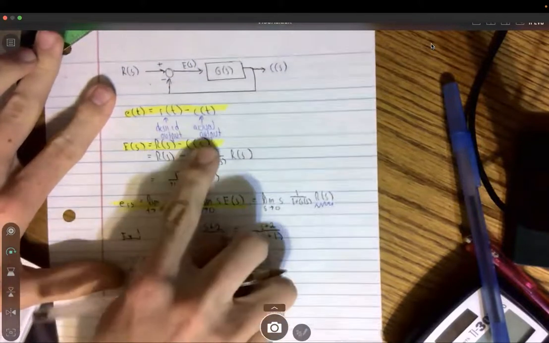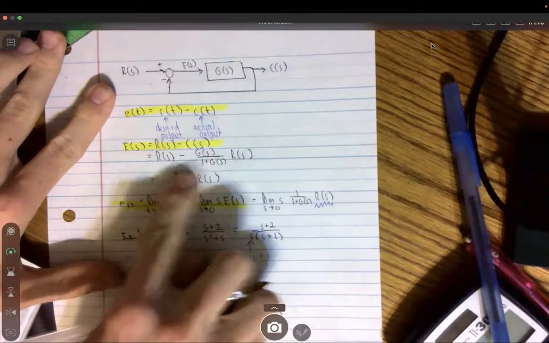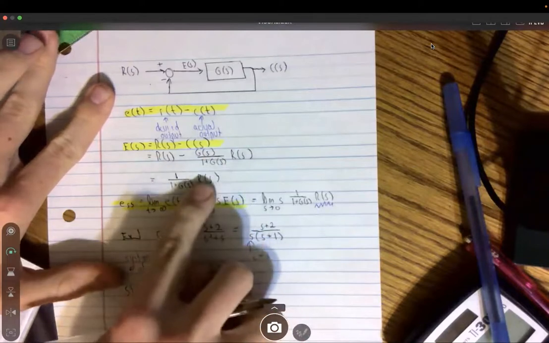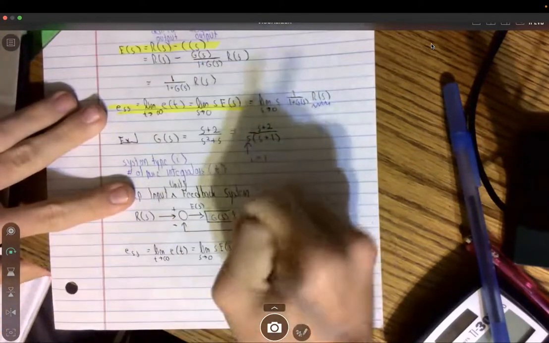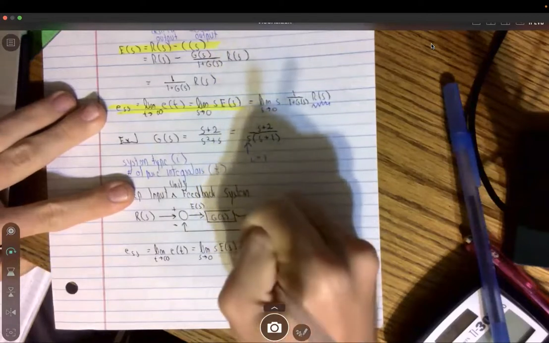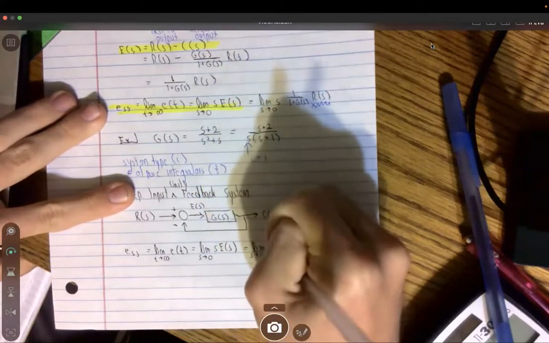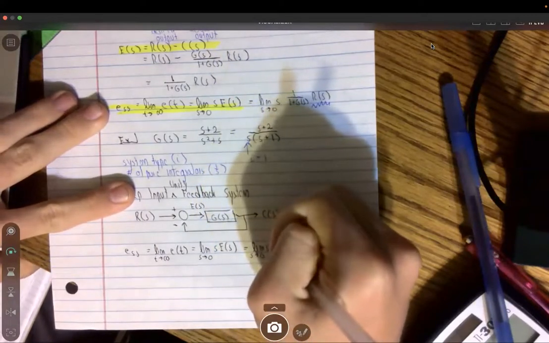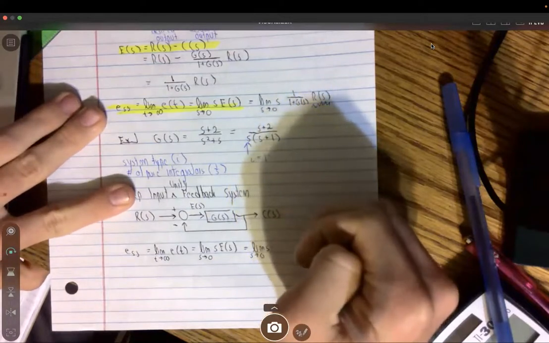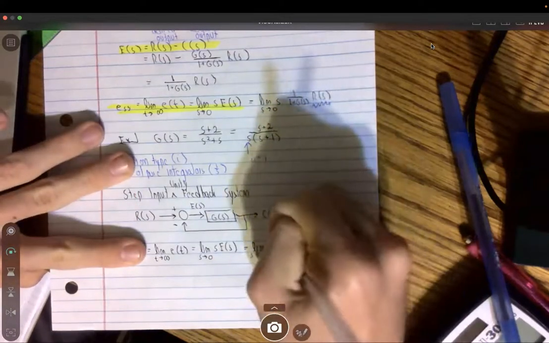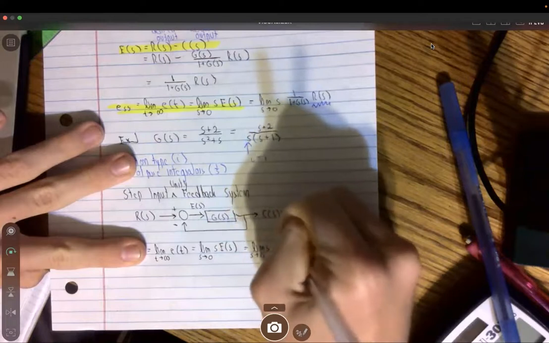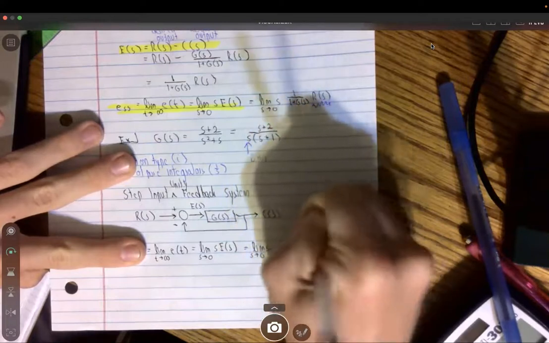We did R of S minus C of S, and we calculated what C of S was. So I'm just going to use the result here for E of S. So it's going to be the limit as S goes to 0 of S times, and then our E of S, plugging it in, we get 1 over 1 plus G of S, R of S.